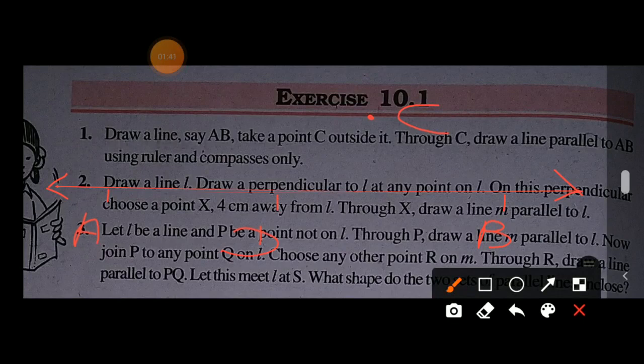First we join D with C. Then with the help of compasses we draw one arc from D, taking D as a center. Suppose it cuts AB at E and CD at F.